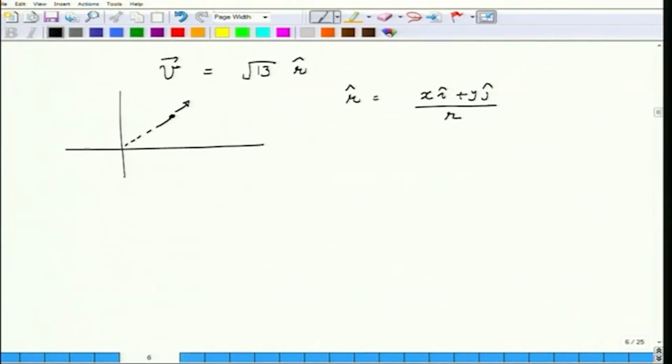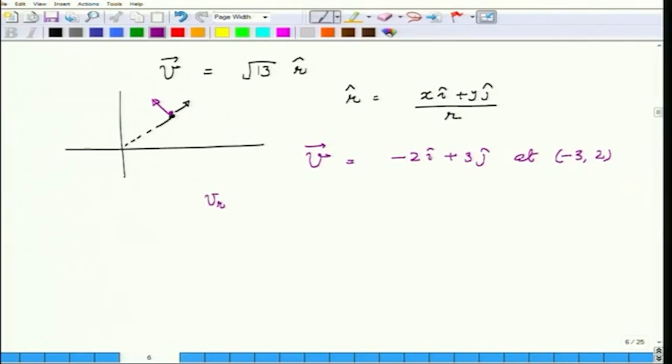As the second example of this, let me take v equals minus 2i plus 3j, and that means at this point the particle is moving somewhat like this, as shown in purple color. This is at minus 3 and 2, so even the position is changed.